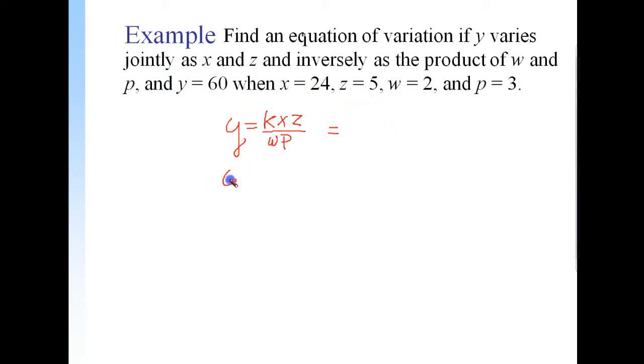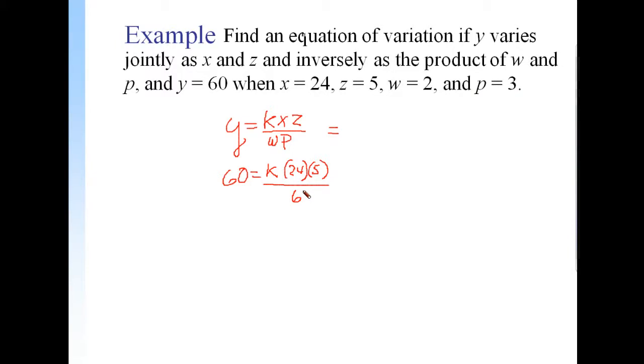Let's put it down here. I like this. They give me plenty of room. X is 24. Z is 5. And then W is 2 and P is 3. So I'm just going to multiply these two together and get 6.